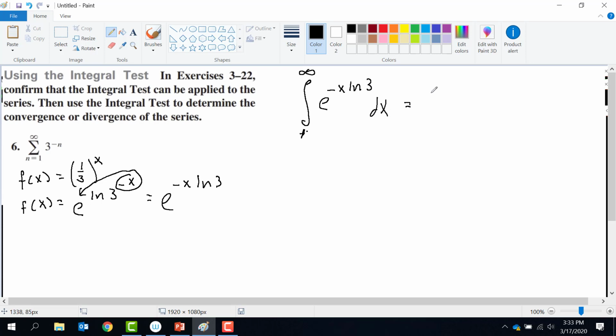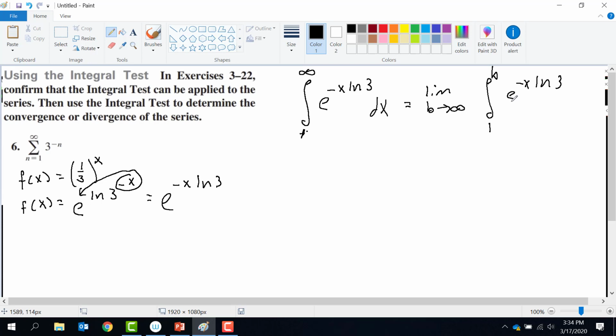And again, the way we do that is by replacing the infinity with b and taking the limit as b goes to positive infinity of the definite integral from 1 to b of e to the negative x natural log of 3. Now, if you wanted to use a u substitution and let u be negative x times the natural log of 3, you can do that. But this is simple enough to find an antiderivative for without that.